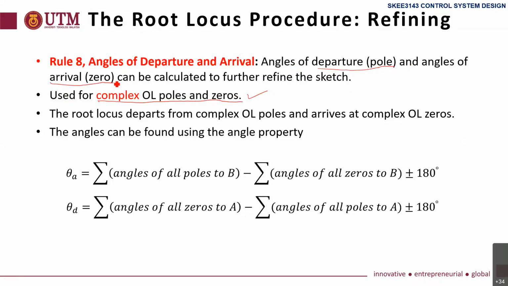Why? Because all root locus finally end at a zero. So we call it arrival. So again, you should know: departure for pole, arrival for zero. And it is only applicable when we have a complex pole or zero.